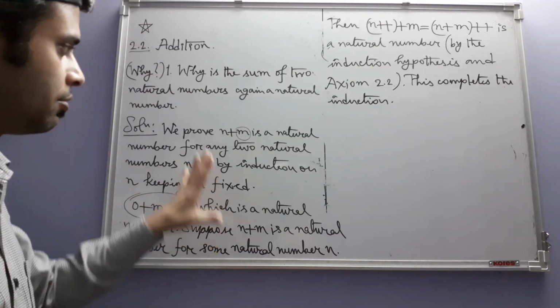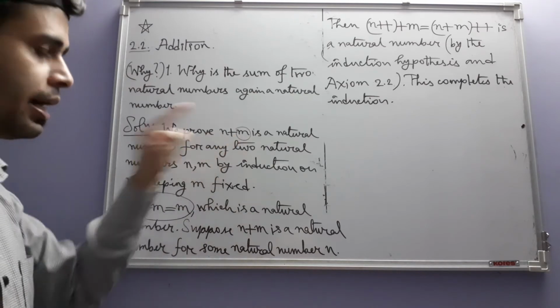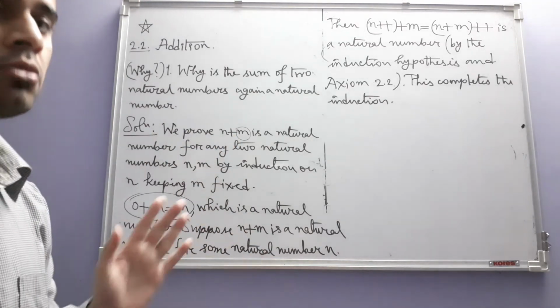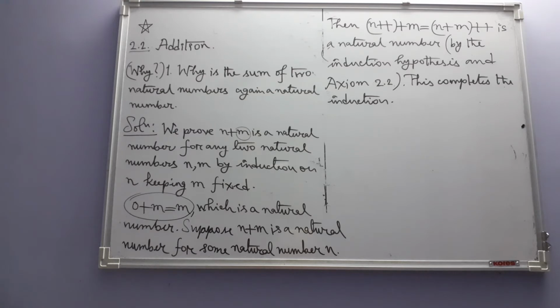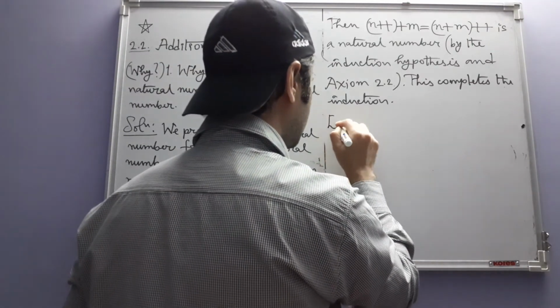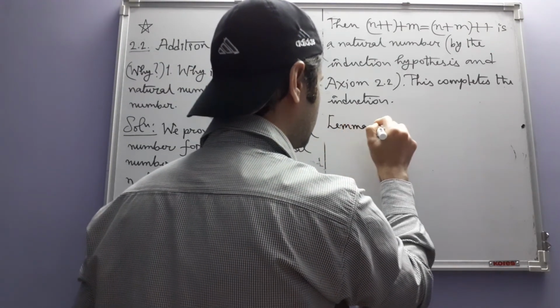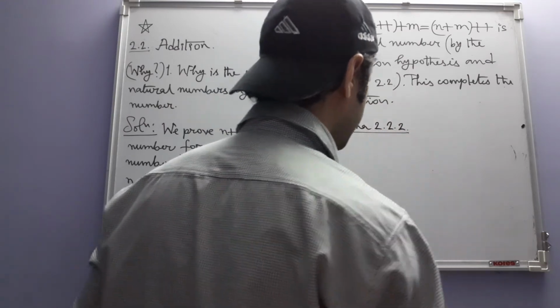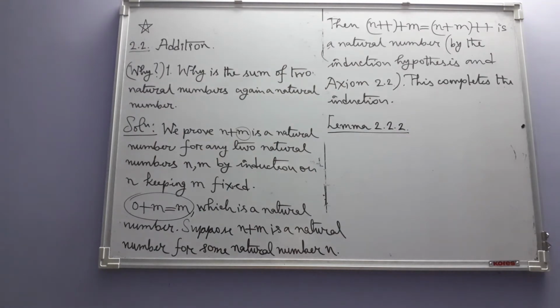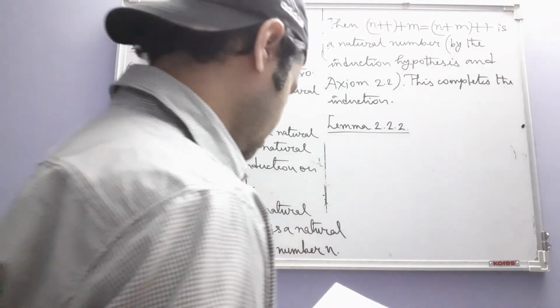Now we can say without any doubt that whenever we add two natural numbers, the result is always a natural number. Okay. So now we are going to go to some lemmas that will eventually take me towards commutativity. The proofs of these lemmas and the statements also are not very difficult, but nonetheless they are important.